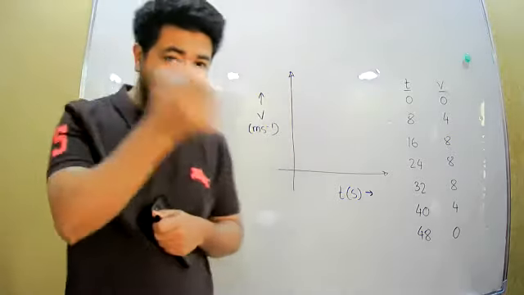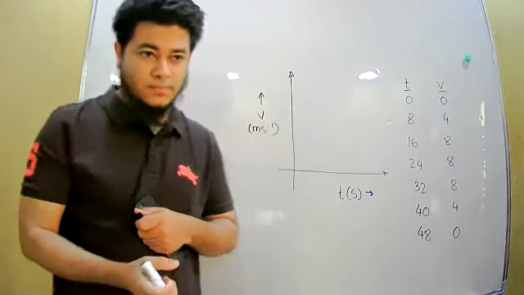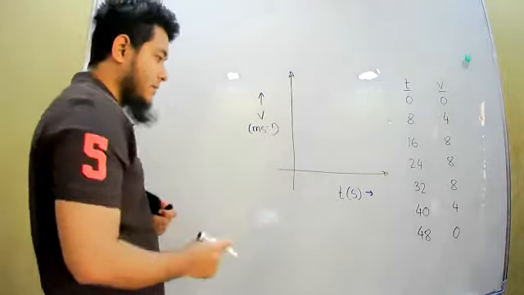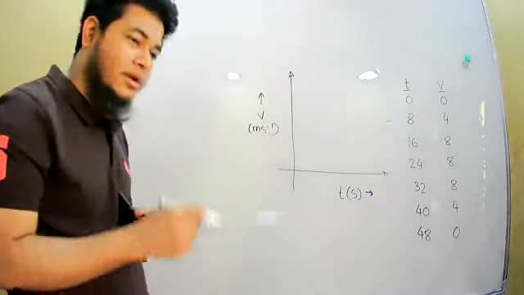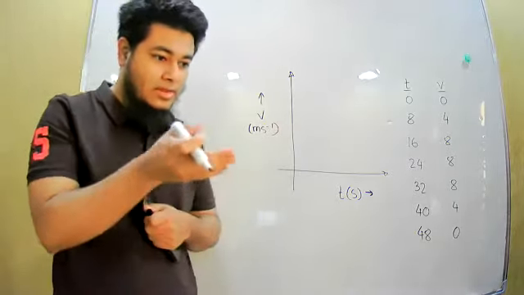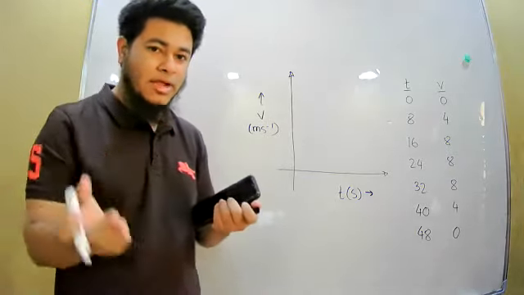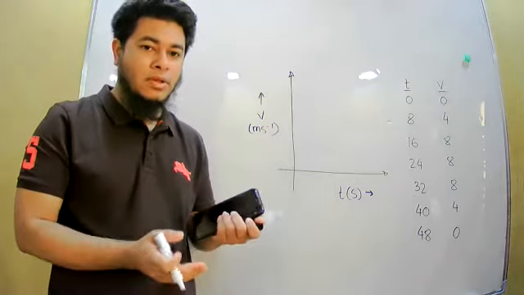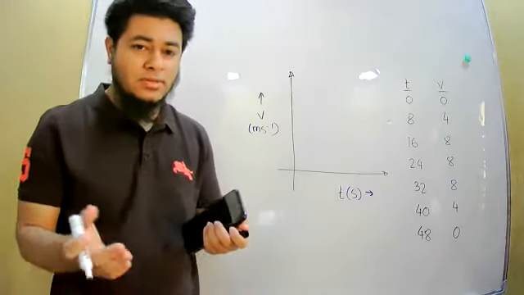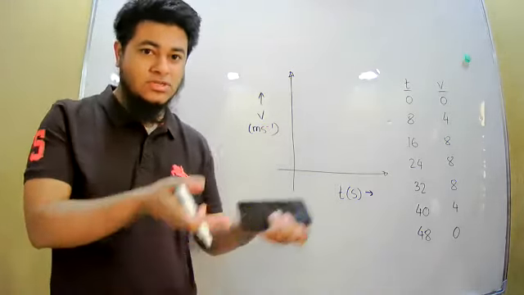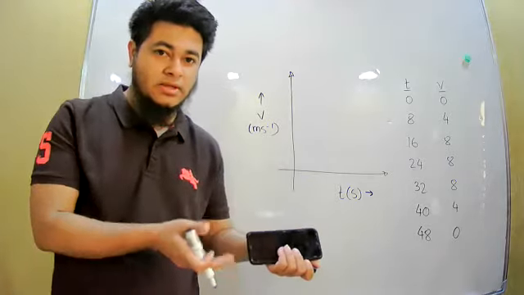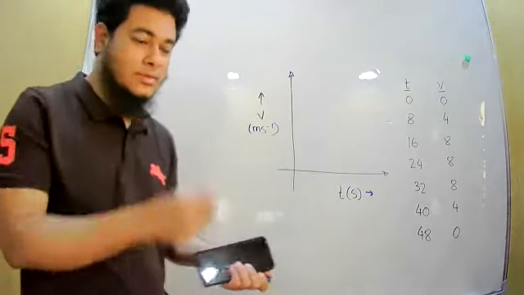Yes, obviously you have to attach it with your answer paper. You may staple it, better to staple it on the page where you have answered this question. Some people attach it at the end of the paper, but if you attach it at the end, the teacher might not see it at first when he's checking the first question, right? So better to attach it there so that he can see.